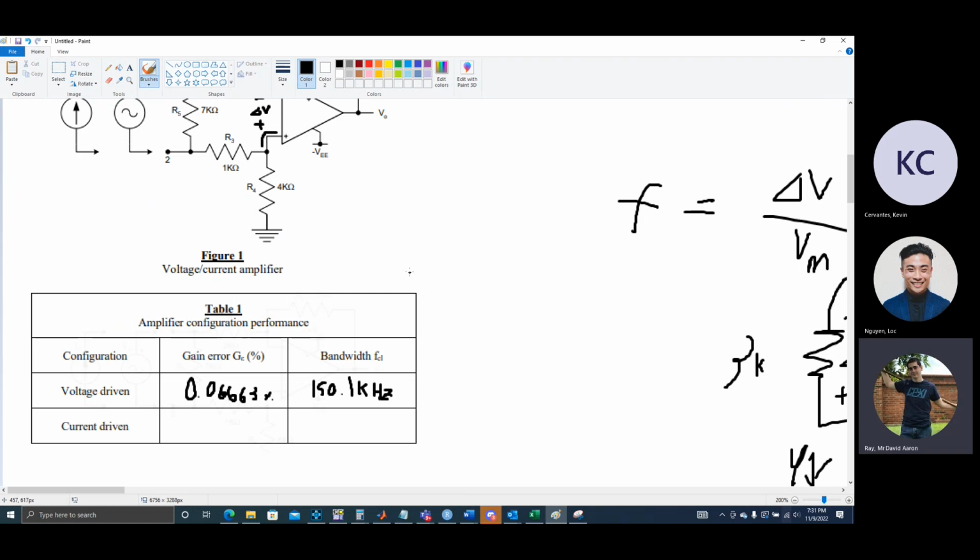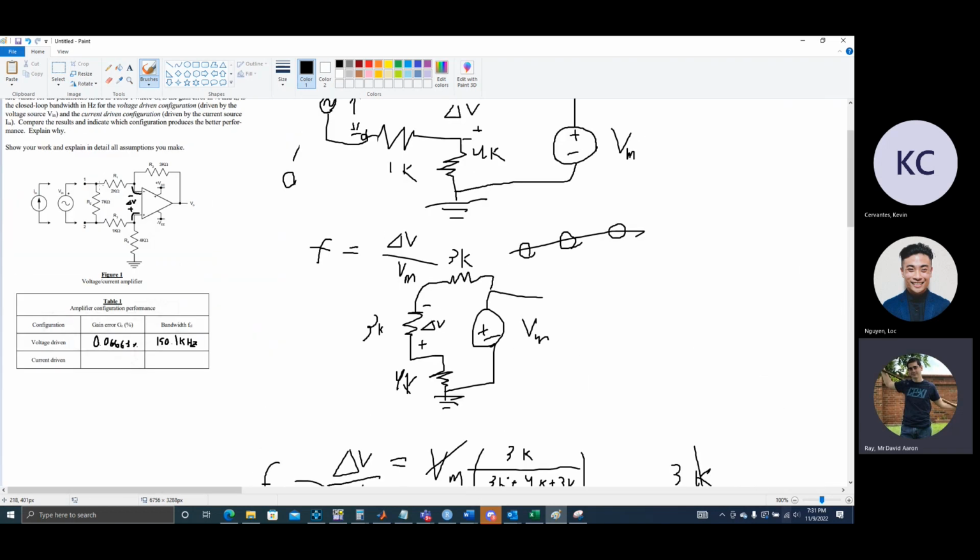And now we're going to do current driven. So we're going to plug in a current source. Since the voltage source ends up being a closed or short circuit, placing in a current source is going to be an open circuit. So now we include the 7K.